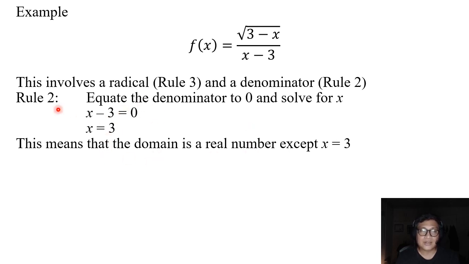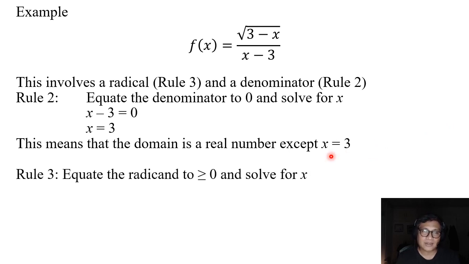So far, using rule number 2, this means that the domain is a real number except 3, okay, for the moment. So if we apply rule number 3, we get the radicand, equate this to greater than or equal to 0, then solve for x.